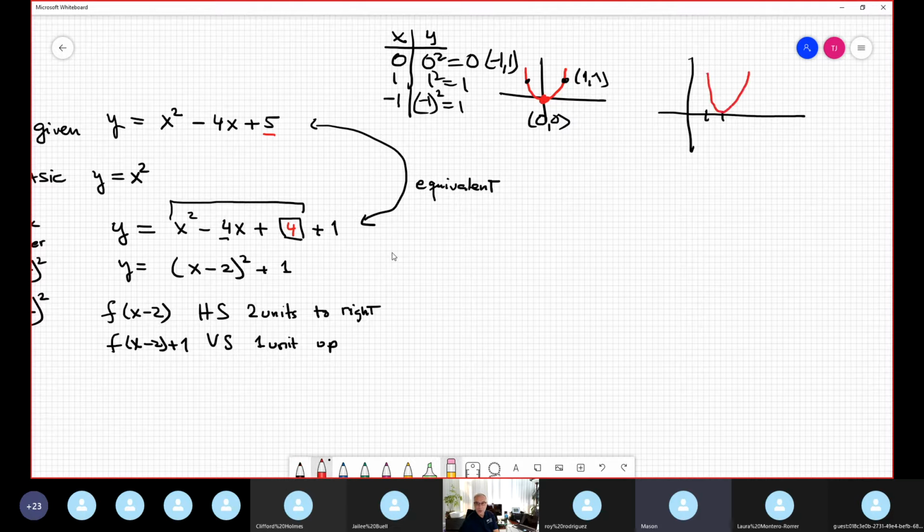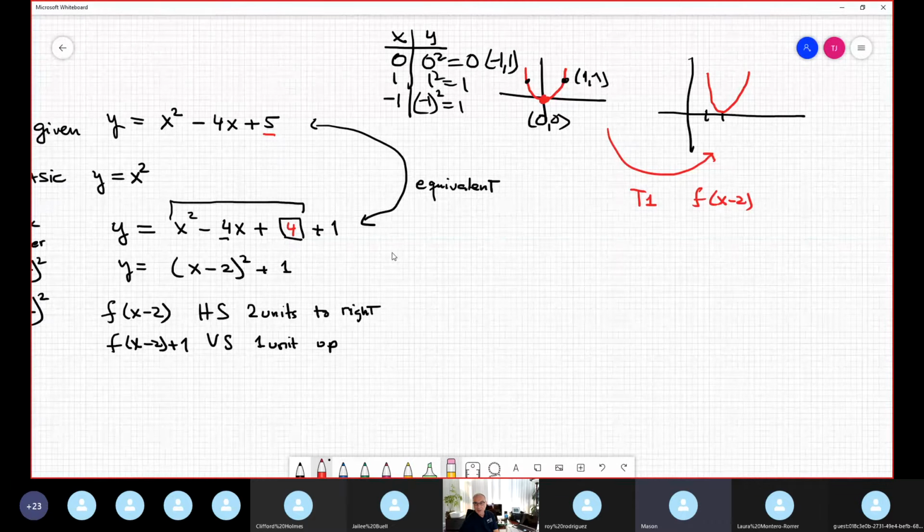The first transformation, T1, represents transformation number 1, f(x minus 2), a horizontal shift, 2 units to the right. If you want to transform that point, well, that point is the point (2, 0). That point is the point, let me see, plus 2, no, (3, 1). Entonces this point, negative 1 plus 2, is positive 1. Entonces that point is the point (1, 1).